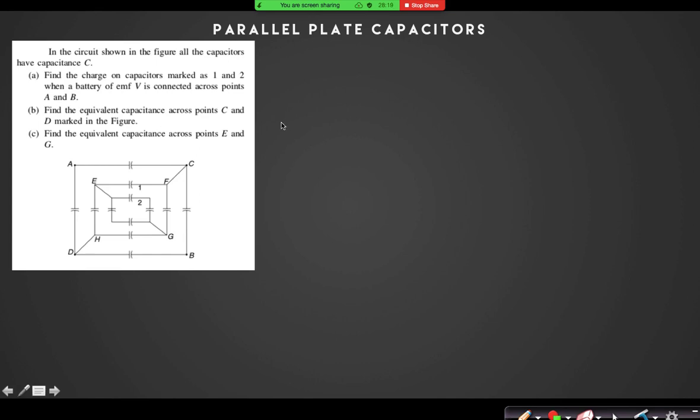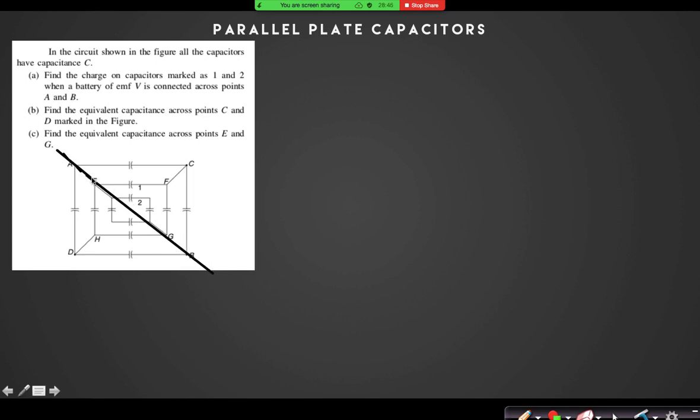Find the charge in capacitor 1 and 2 when a battery of EMF V is connected across points A and B. If I connect a battery across A and B, can you see there is a symmetry? There is a symmetry lying along this line. Yes, sir. Right?